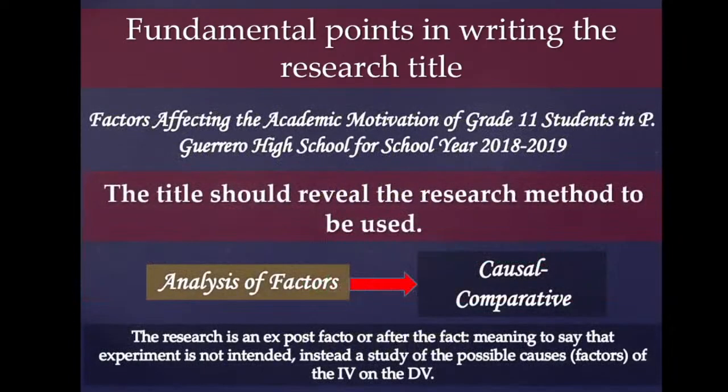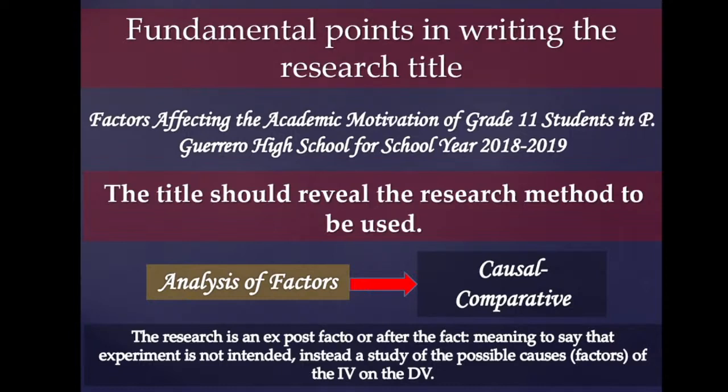Aside from the explicit statement of variables, the title should also reveal the research method to be used. The words used in the title usually suggest the method that the research will employ or has employed in the study. In this example, we can see that the words factors affecting suggest that the study will be about the study, if not analysis of factors.